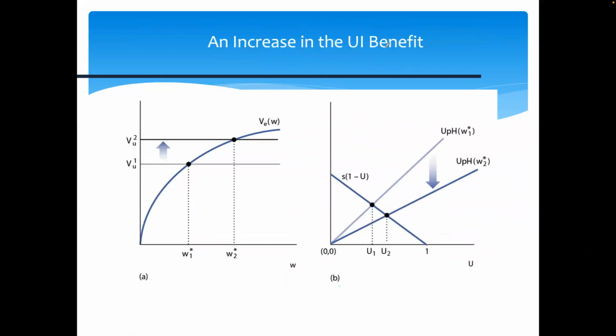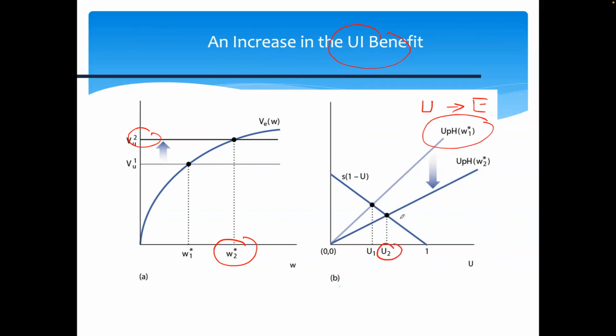Now let's see how a change in some institutions or some technology affects the unemployment rate. First, let's look at an increase in UI benefit. If there's an increase in UI benefit, this curve is going to move up, and you're going to see a higher reservation wage. Now, with a higher reservation wage, this line is going to push down, meaning the fraction of people moving from U to E is going to decline, meaning you're going to have a higher unemployment rate.